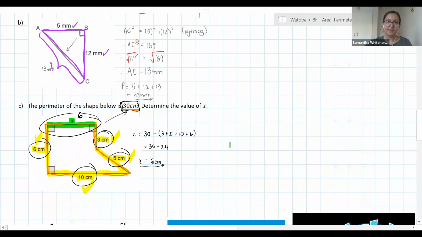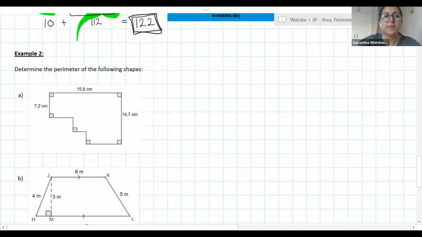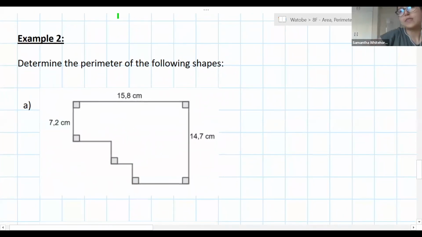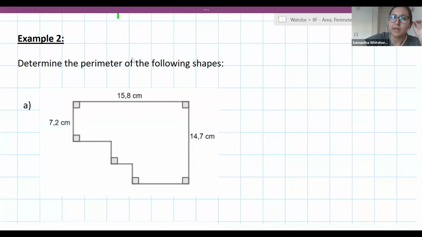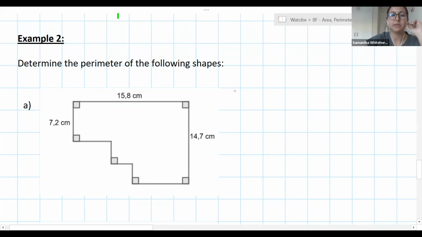All righty. So let's have a look at some slightly more complex perimeter questions. And this is sort of, again, where we need to double check what information we have. So once again, I've asked you to determine the perimeter of the following shapes. So if we look at what we've been given here, we know that this whole top length is 15,8 centimeters.